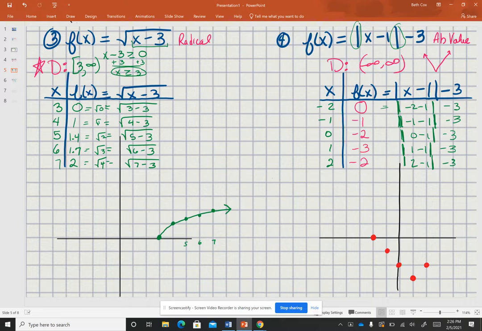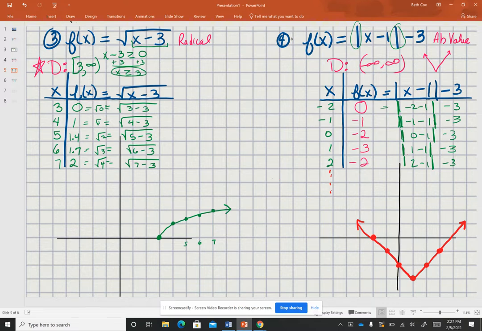Do I have a V? I do. I do have a V. I have a line that comes in and then goes this way. And I bet, if I kept going, I'd go like that. So there's my V. That is my absolute value.